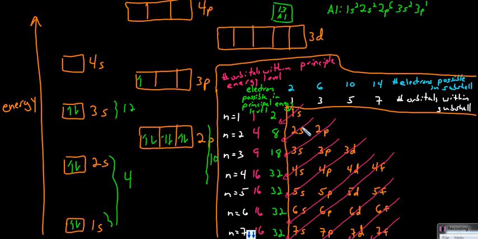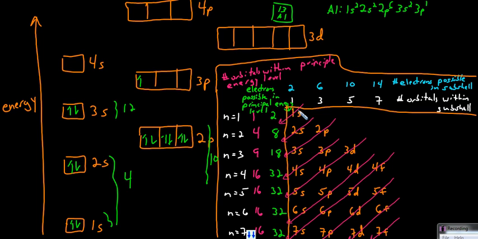Fill the 1s first, then fill the 2s, then the 2p, then the 3s, then the 3p, then the 4s, then the 3d, 4p, 5s, 4d, 5p, 6s, etc. Okay, so let us use this now to write the electron configuration for aluminum.